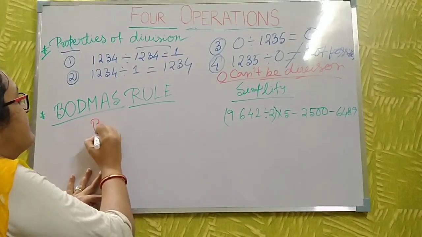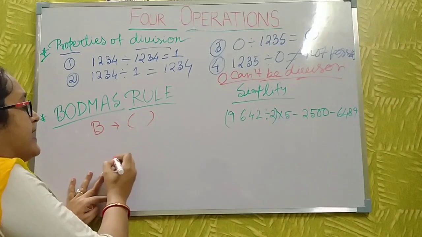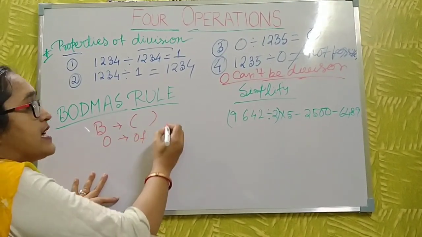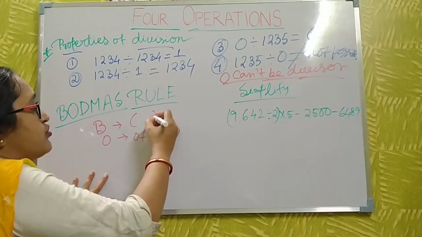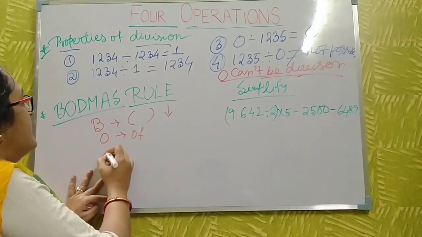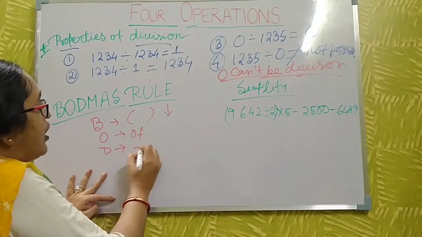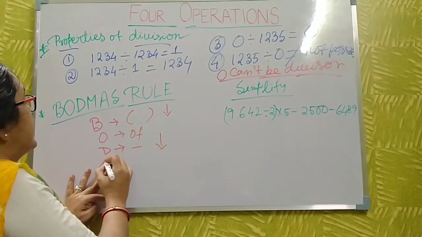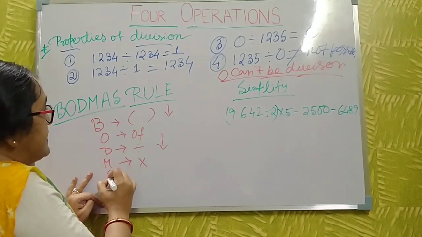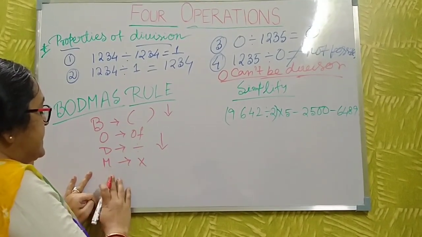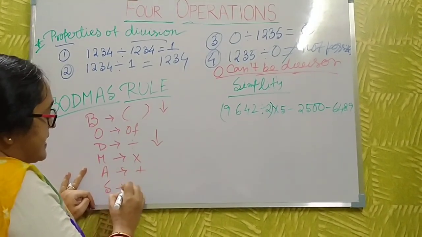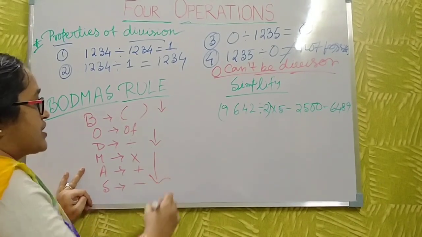Bodmas rule means B for bracket, O for of. In a simplification, first you do the bracket, then of, then D for division, then M for multiplication, then A for addition, then S for subtraction.